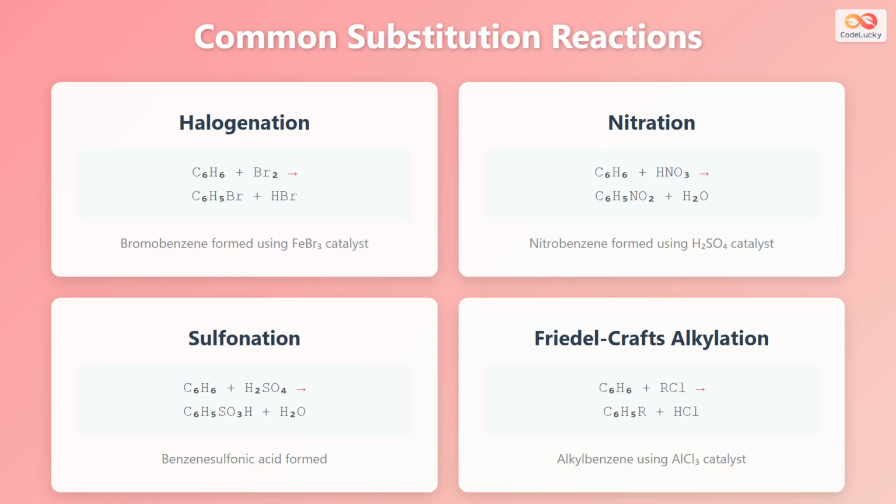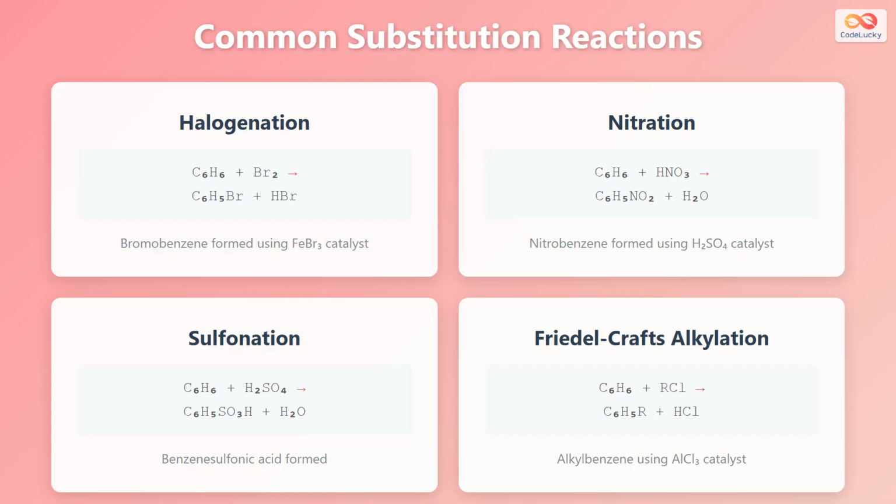There are 4 major types of electrophilic aromatic substitution reactions. Halogenation involves reacting benzene with bromine using iron tribromide as a catalyst to form bromobenzene and hydrogen bromide. Nitration uses nitric acid with sulfuric acid as catalyst to produce nitrobenzene and water.